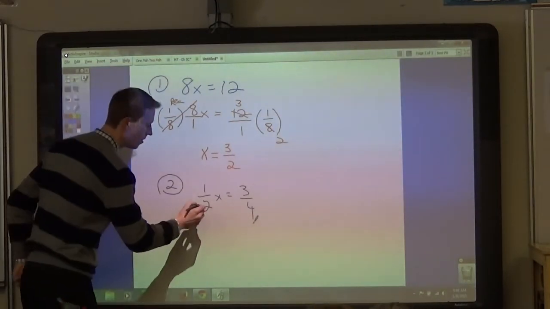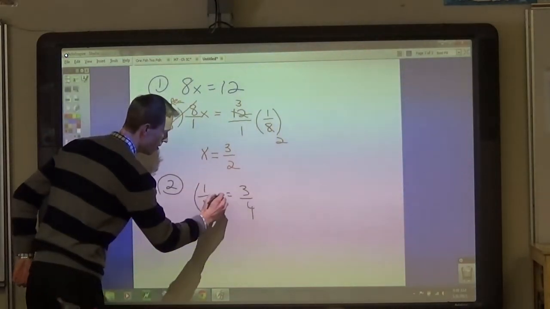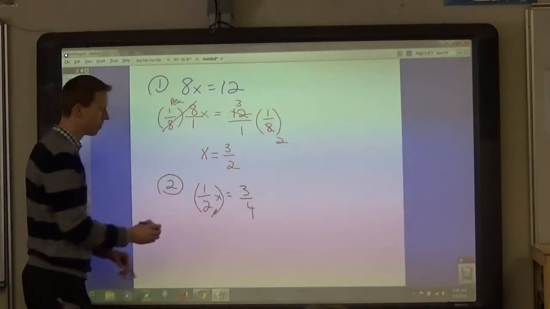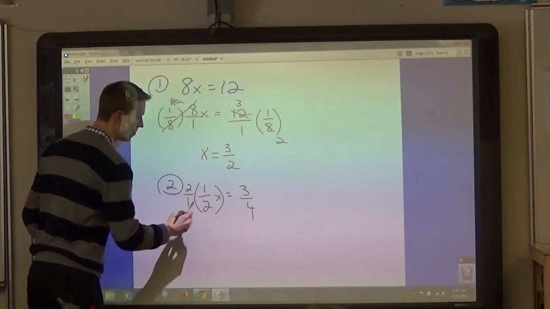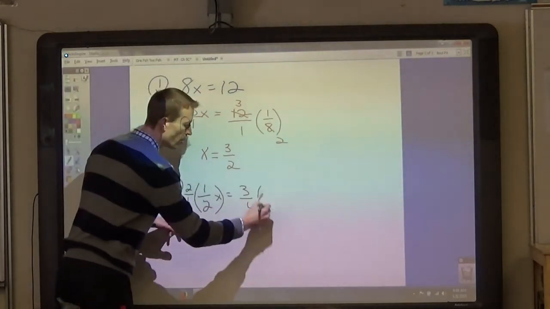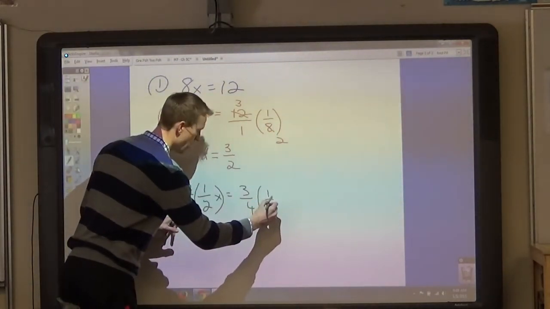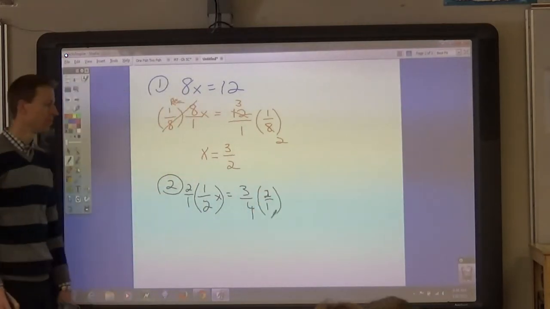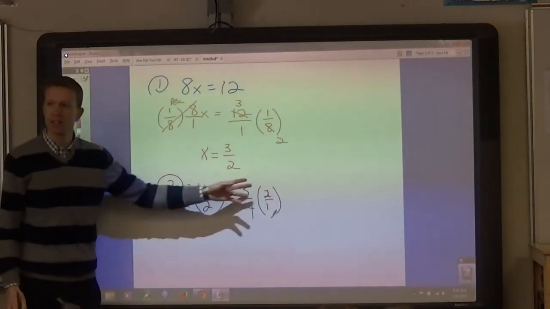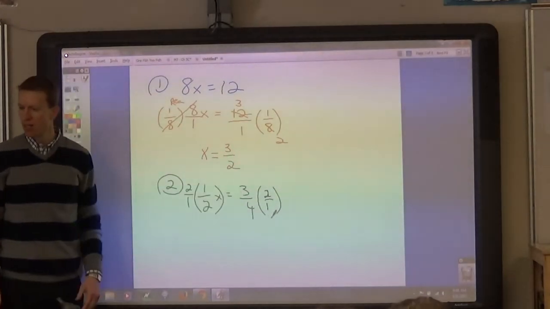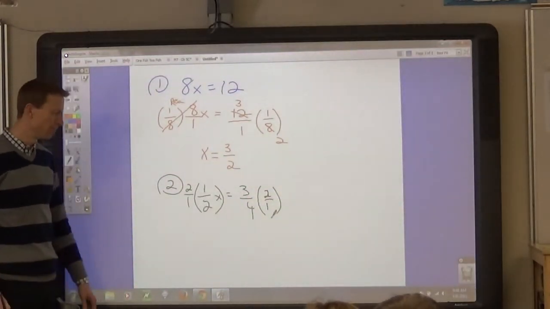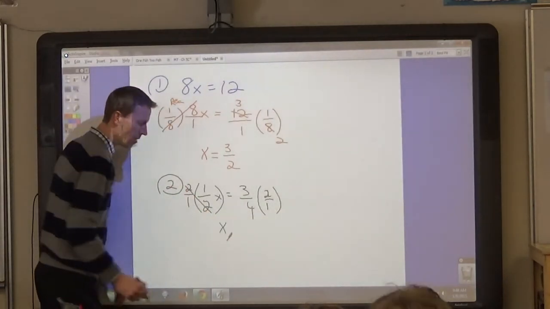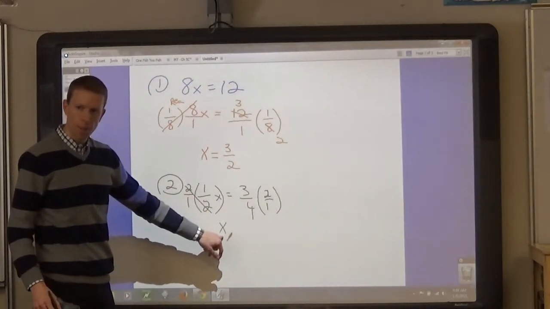Underneath it, you can put the parentheses around the number that's given, or you can put the parentheses around the number you're multiplying by, 2 over 1. As long as there's parentheses that are separating these, we're showing the multiplication. Cross off the reciprocals, so we're left with 1x.